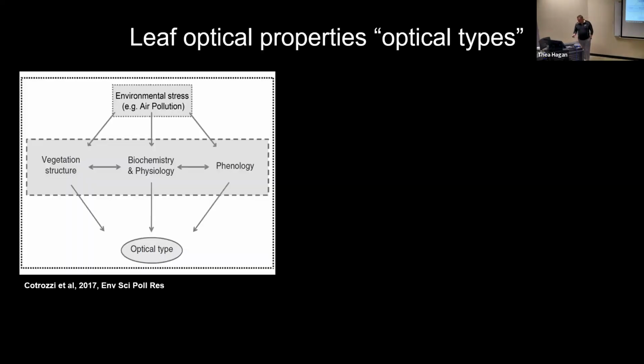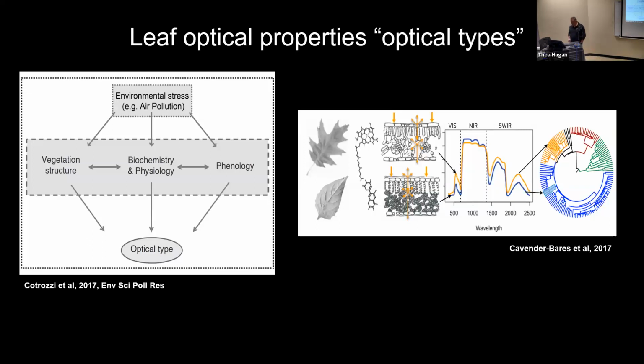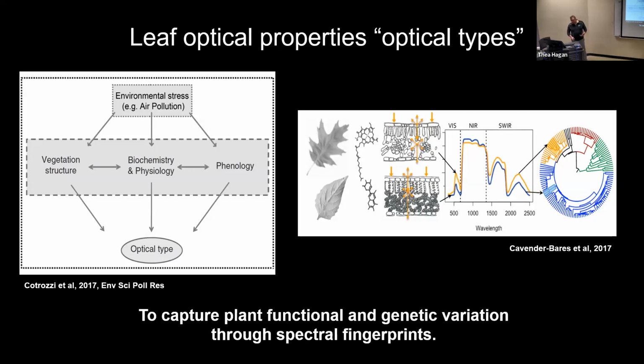It led to a couple of different theoretical outcomes in the past 10 years, leading to this optical type, where you can characterize plants' genetic and functional variation using spectral data. It's this concept of an optical type or a spectral fingerprint.